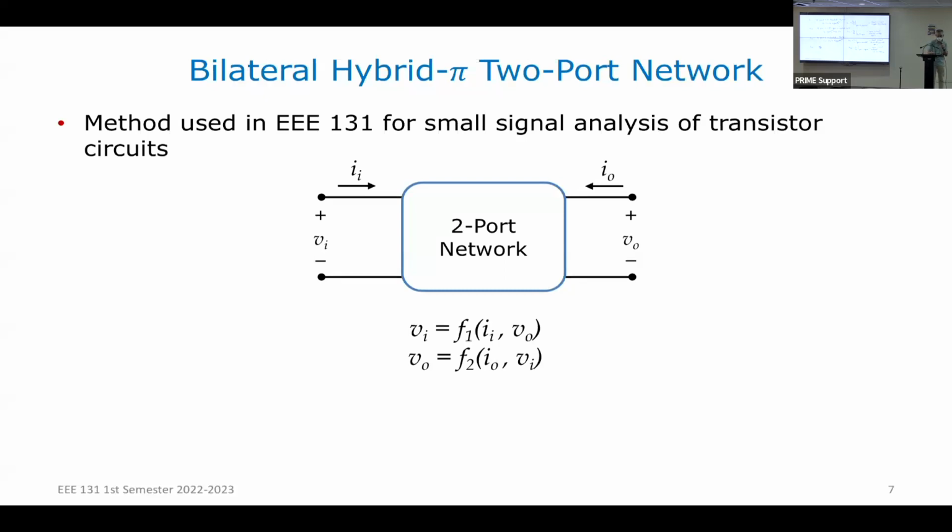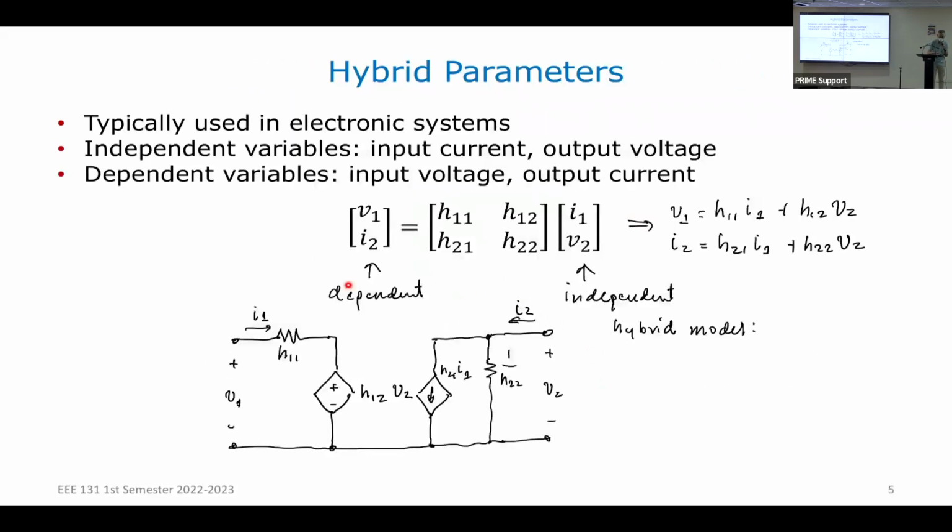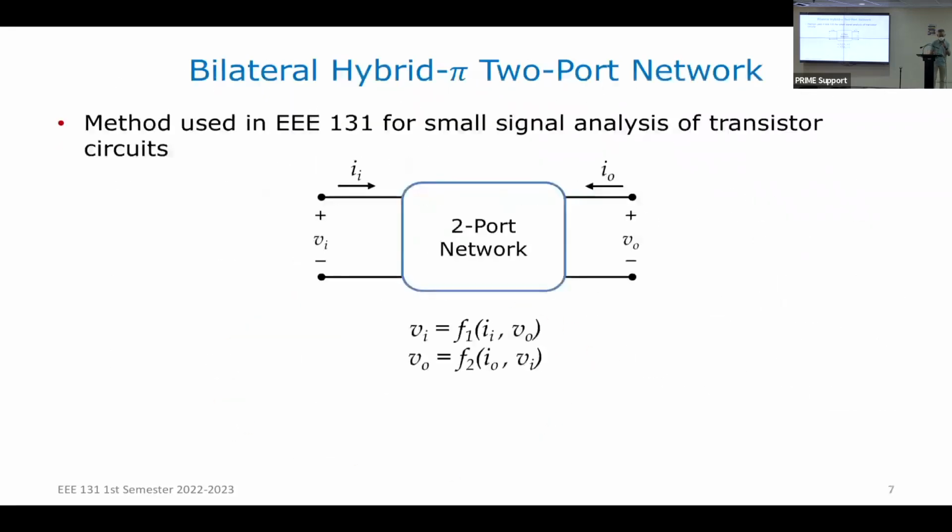Iti-tweak natin to. No? Itong model na to, we're going to tweak it a bit. And the tweaked version, we call the bilateral hybrid pi two-port model, or bilateral hybrid pi two-port network. So this we're going to use in E131 for small signal analysis of transistor circuits.